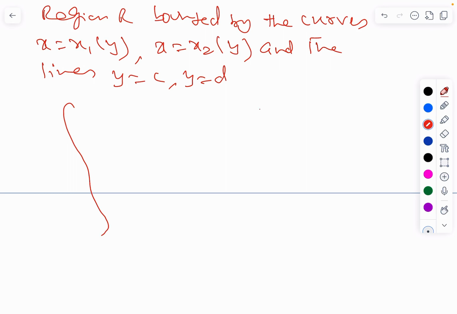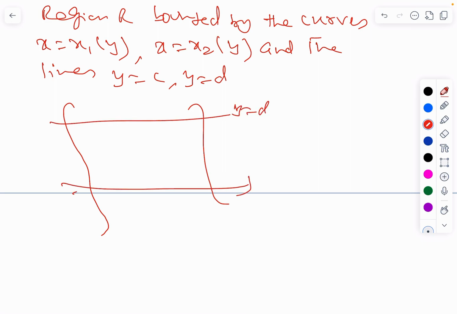So we have it like this. Say we have the region like this: this is the line y equal to d, this is the line y equal to c, this is the curve x equal to x2 of y, and this is x equal to x1 of y.